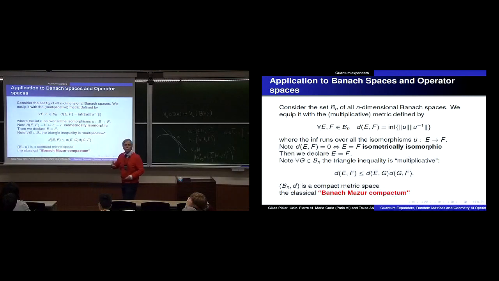So you have to put a log everywhere if you want really a distance and really a triangle inequality. But in practice, we don't do this. We keep working with these objects without bothering to transform everything to additive. And then all the notions are the same. So modulo the obvious identification of two spaces that are isometric to make this space Hausdorff, you have a nice compact metric space.